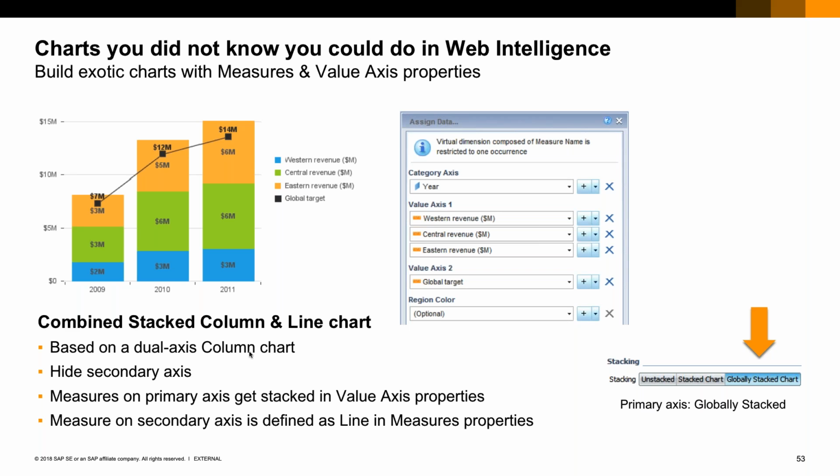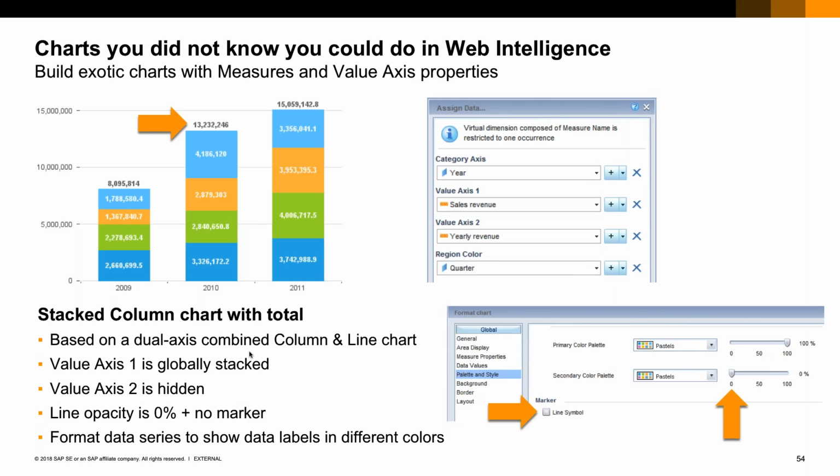Another kind of stacked chart with a line chart is a stacked column chart with a total. Here we use another trick. It's actually very similar to the previous chart, except that this time the line opacity is set to 0.